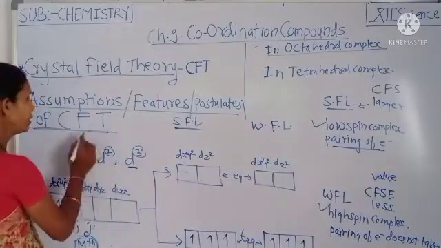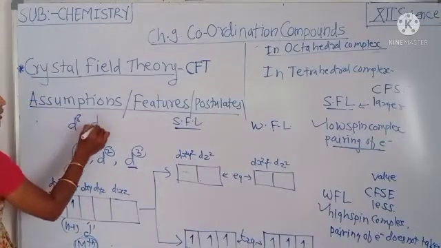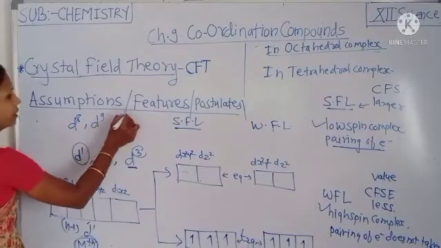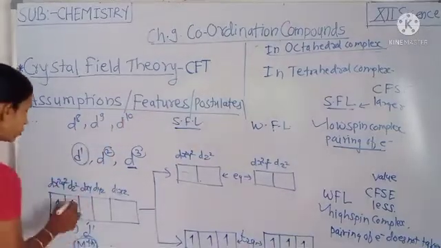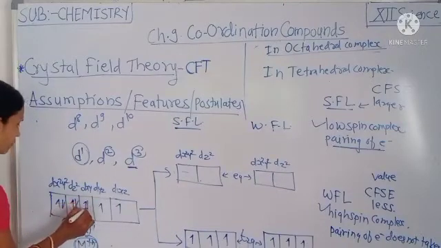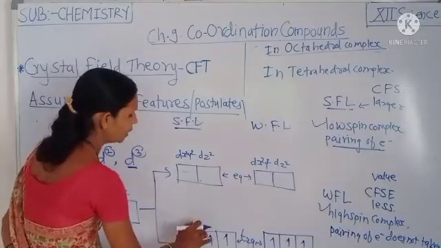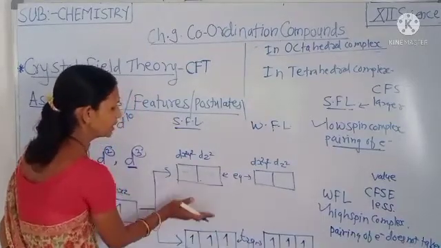And similarly for D8, D9 and D10. Suppose there are a total of 8 electrons, then these 8 electrons are filled into these two sets.